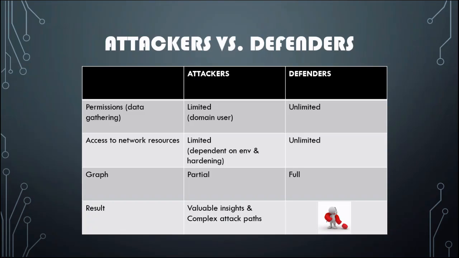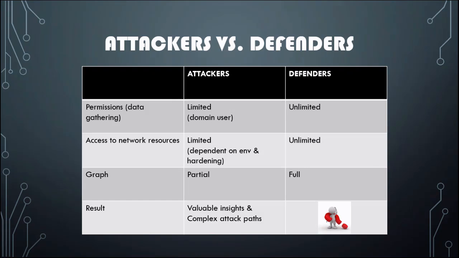A short comparison between what attackers are doing today versus what defenders can be doing. When attackers are scanning the network to gather the information, they're using limited privileges. They're using that initial account that they were able to compromise, since the entire purpose is to find a path that would lead them to a high privileged account. Defenders, however, can use any permissions that they want.